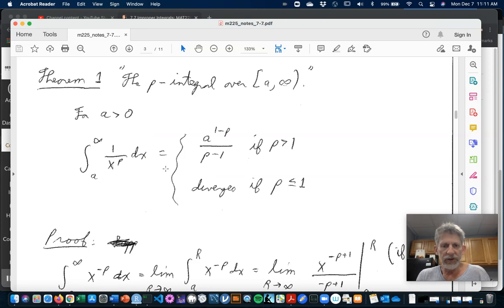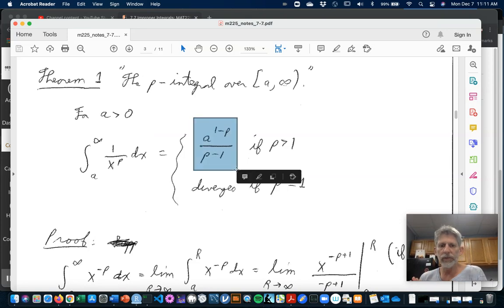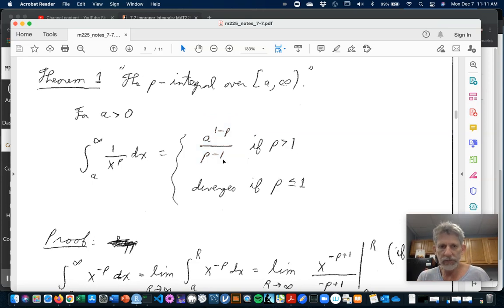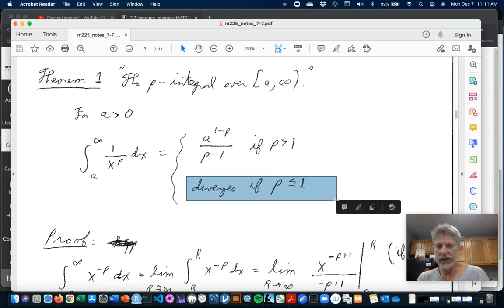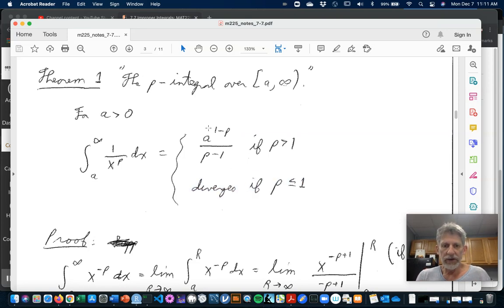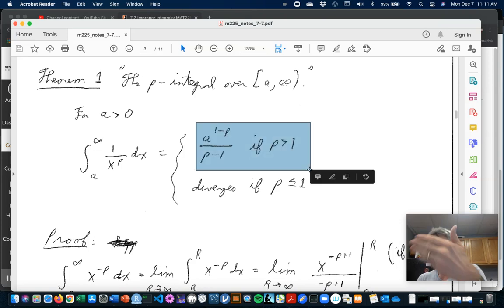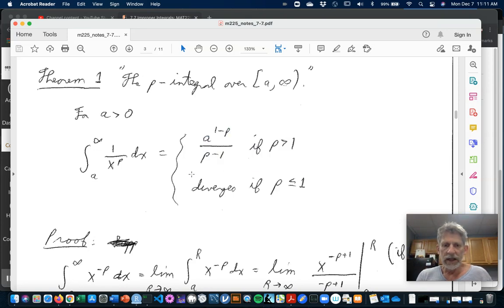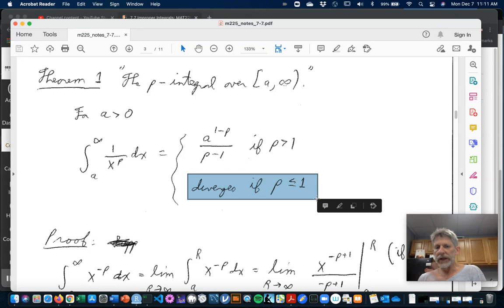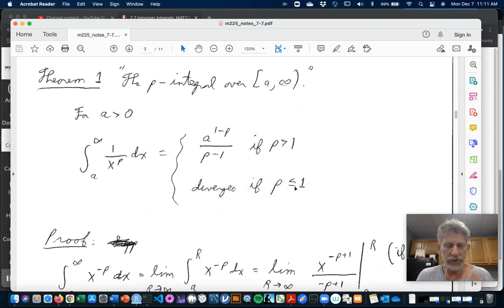It turns out that this improper integral converges to a to the 1 minus p over p minus 1 if p is bigger than 1, and it's going to diverge if p is less than or equal to 1. Finite amount of area underneath if p is bigger than 1, infinite amount of area underneath if p is less than or equal to 1.